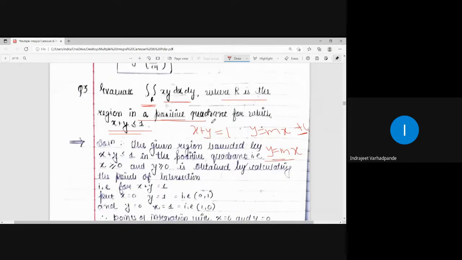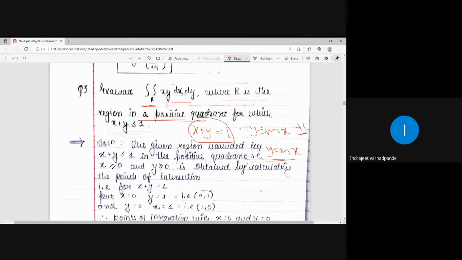So similarly, whatever equation we are provided with, it is x plus y equal to 1. So surely this is going to represent a line in the first quadrant. I know that in the first quadrant, values of x as well as values of y are positive, that is greater than or equal to 0.